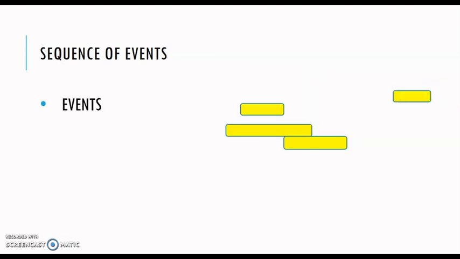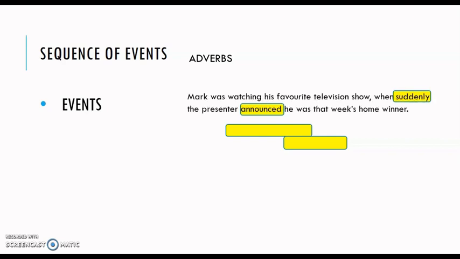Let's talk about the events in the use of adverbs. Let's see this first example. Mark was watching his favorite television show when suddenly the presenter announced he was that week's home winner.